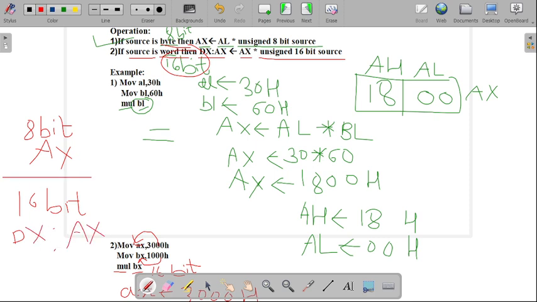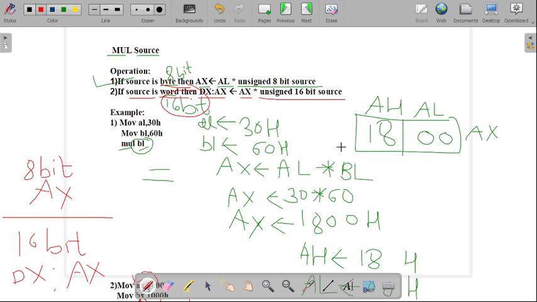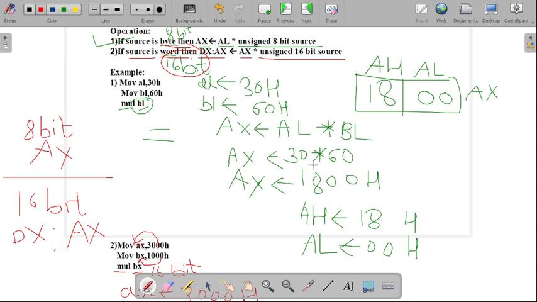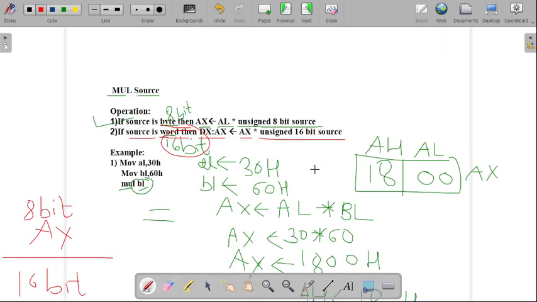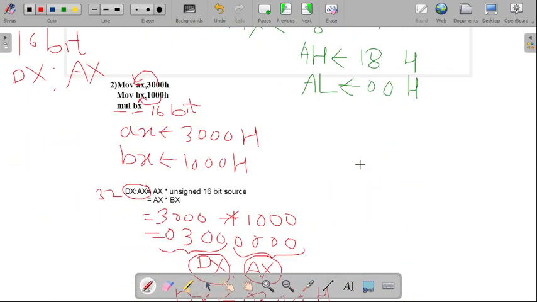You have to remember this difference whenever you write this instruction, that is MUL then source. Whenever a question is asked in the exam, you have to write the operation performed by the MUL instruction. Then with the help of an example, you have to write down all the contents that change in our register structure. In this way, our multiplication instruction will be executed.